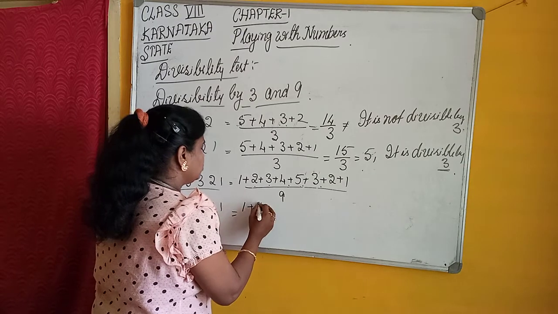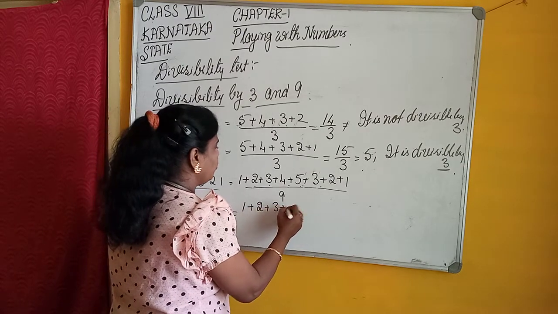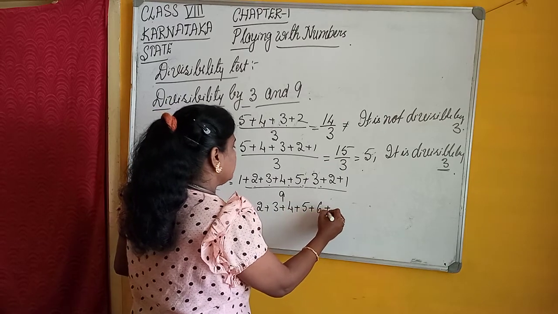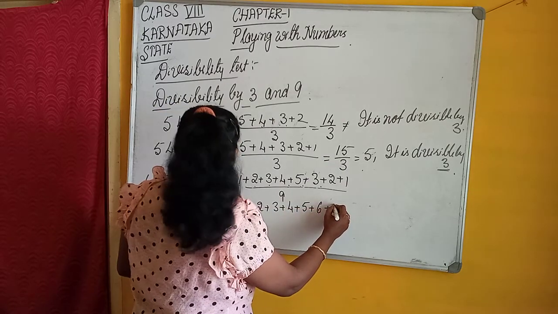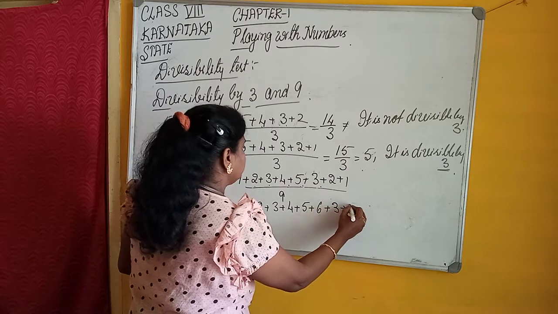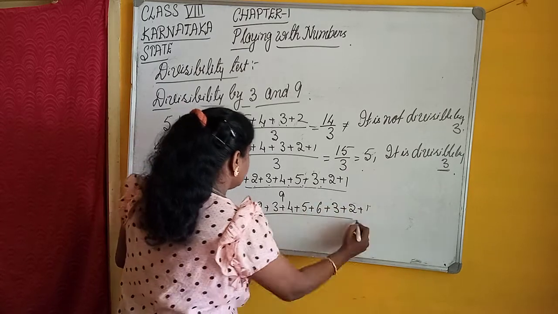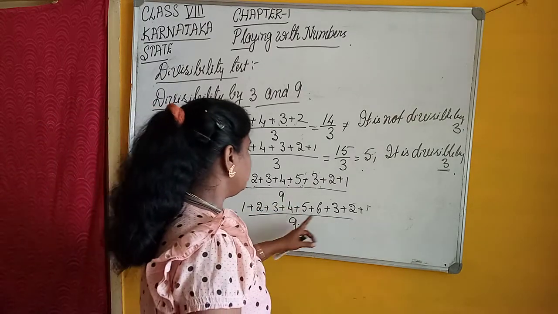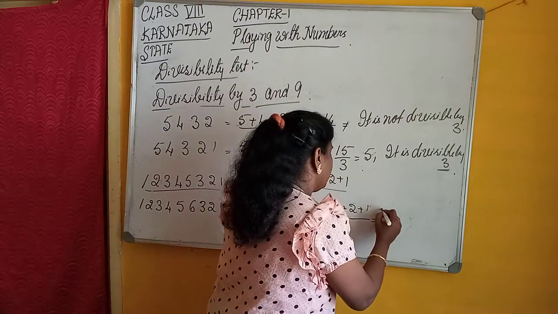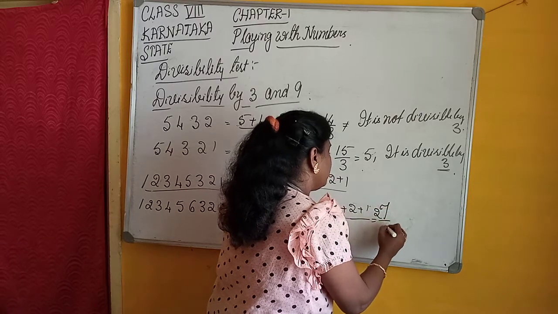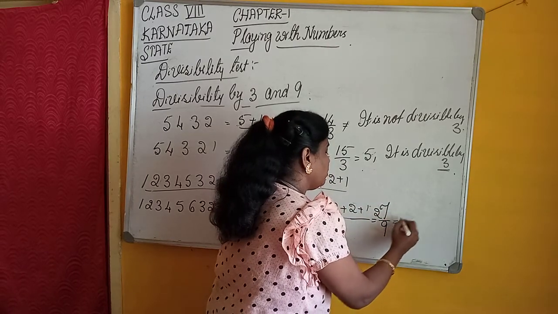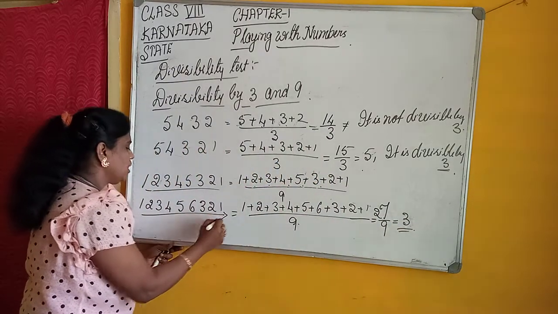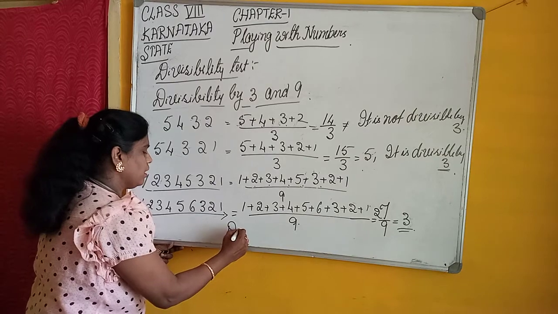Here 1 plus 2 plus 3 plus 4 plus 5 plus 6 plus 6 plus 3 plus 2 plus 1. Up to here we got 21. 21 plus 6 is 27. 27 is divisible by 9, since 9 threes are 27. Therefore, the whole number is divisible by 9.